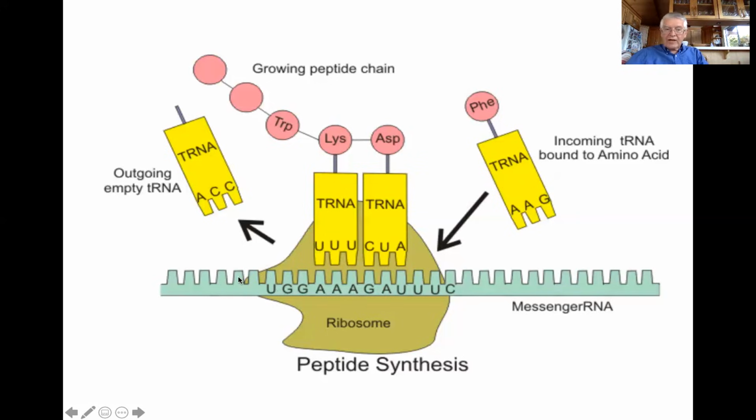It can recognize that as the start, and it will position that ATG at the right place in the ribosome. Then we have these special carrier molecules that are going to pair up the right amino acid with the correct 3-letter code. These are called tRNA molecules.